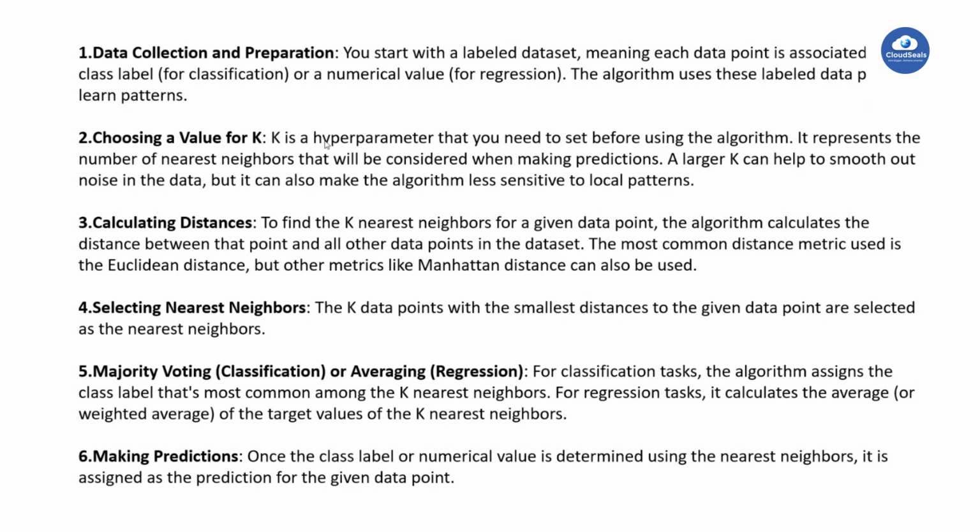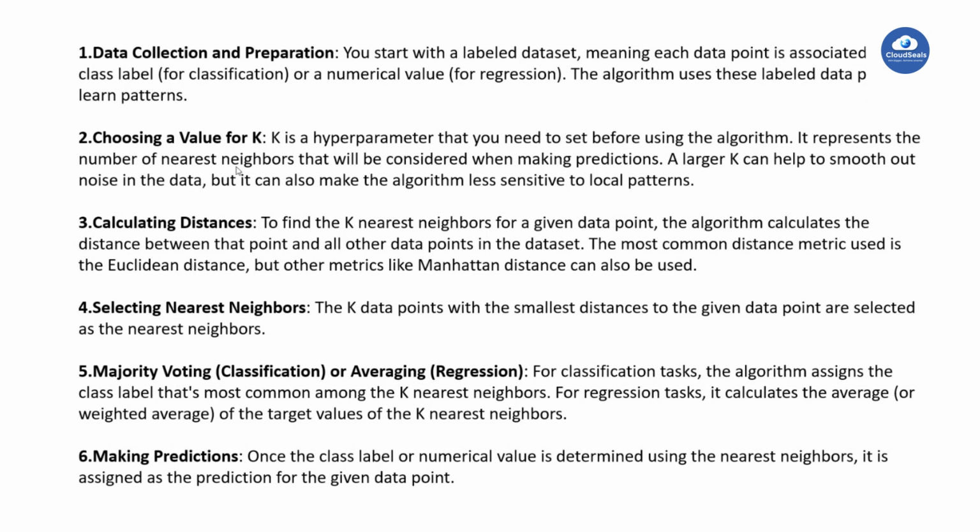Then it will check whether it is very near to Y, again whether it is very near to P, and again whether it is very near to E. If that data point is near to any one of these 3 neighbors, it will assign class H to that data point.